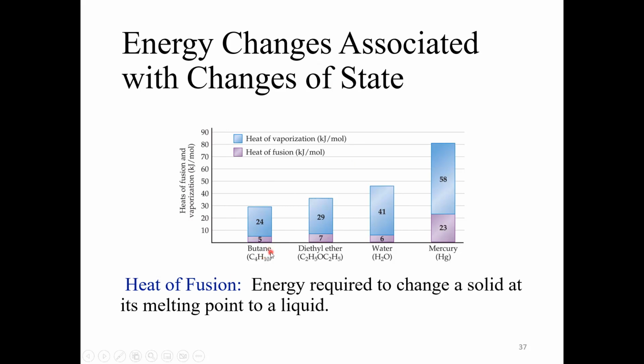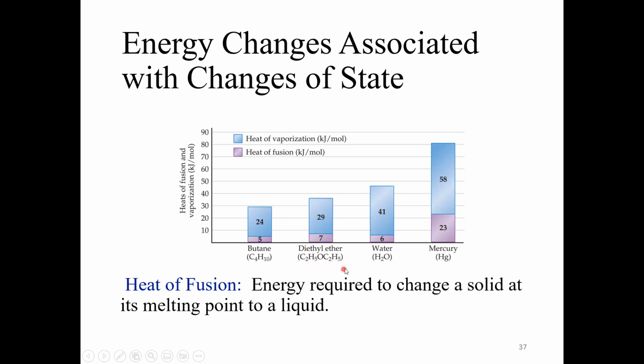So if we look at it here, we've got butane, diethyl ether, water, and mercury. And with it, butane, it's just going to be an alkane, so it's going to be nonpolar. Diethyl ether, you can kind of see the structure here. So an ether is just going to be an oxygen that's got two different carbon chains on the outsides of it. And in this case, diethyl just refers to two carbon chains that are each 2 carbons long.